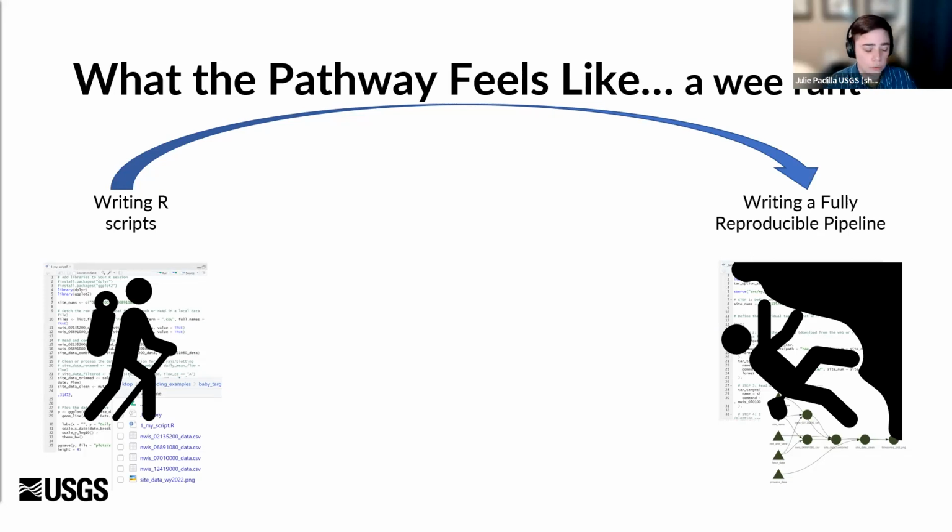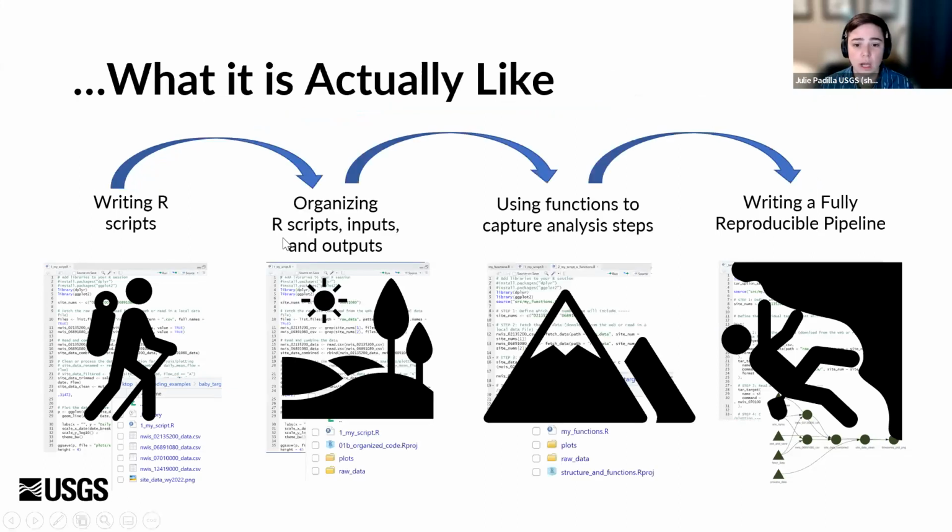So, to take folks like that from a scripting approach for data analysis to a fully reproducible pipeline, that feels like going on a day hike on Monday and then on Friday trying to decide that you're ready to free solo El Capitan. And so when I talk to folks about this, I really break it down into steps, and we think of this as tiers of reproducibility. When working with mixed use teams, if you're writing scripts, that's already one step down the pathway.